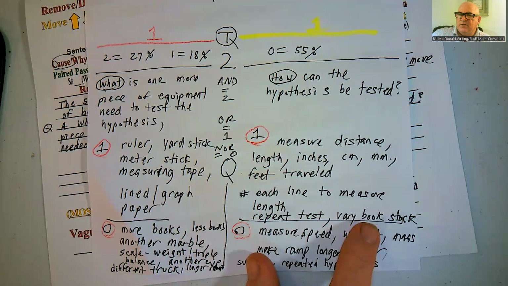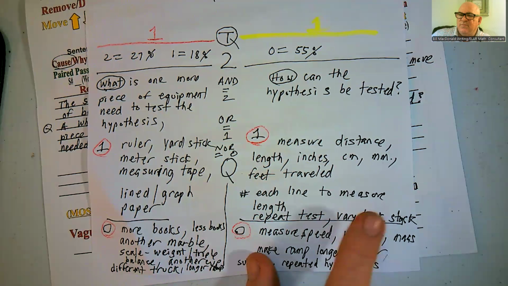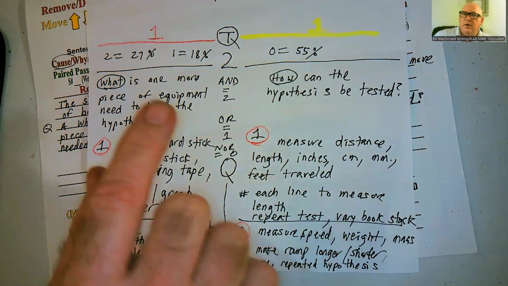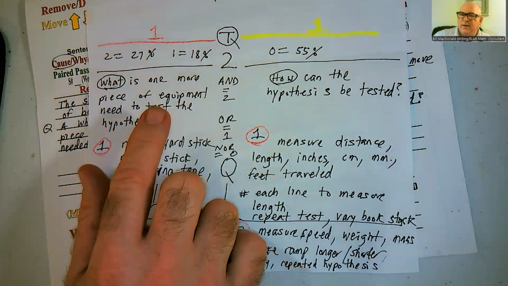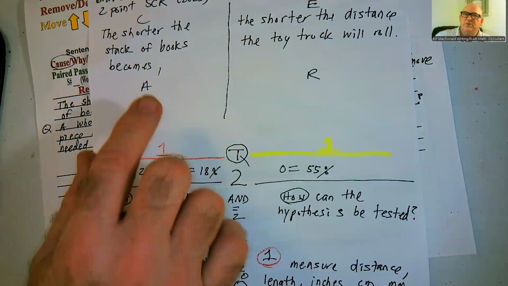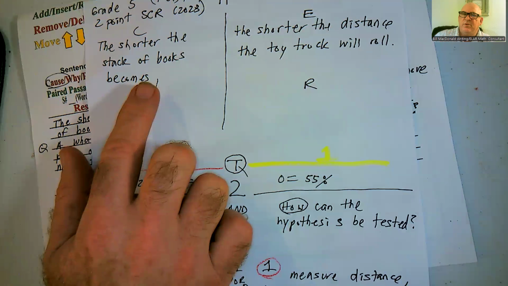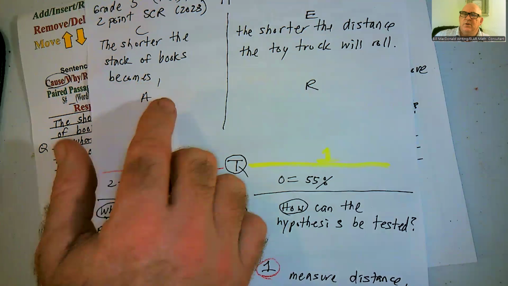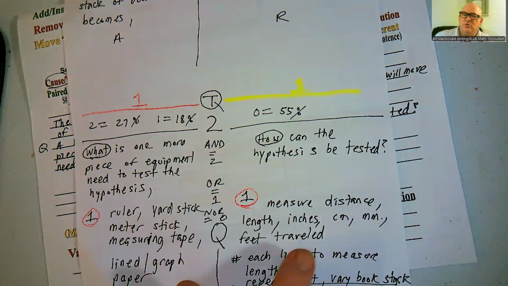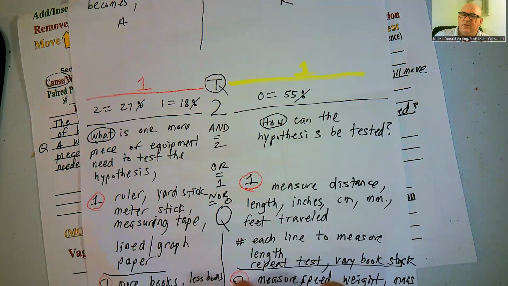Now, it's very important that this varying the book stack is on the how side, not the more equipment that can be added. Because this part here says the shorter the stack of books becomes, okay? So if you want to check and see if it's true, then yes, that's how it can be tested.